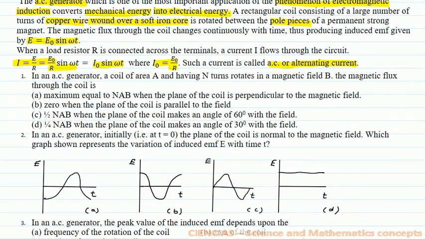Option B, 0 when the plane of the coil is parallel to the magnetic field. Option C, half NAB when the plane of the coil makes an angle of 60 degrees with the field. Option D, 1 by 4 NAB when the plane of the coil makes an angle of 30 degrees with the field. So now we see how to solve this question.